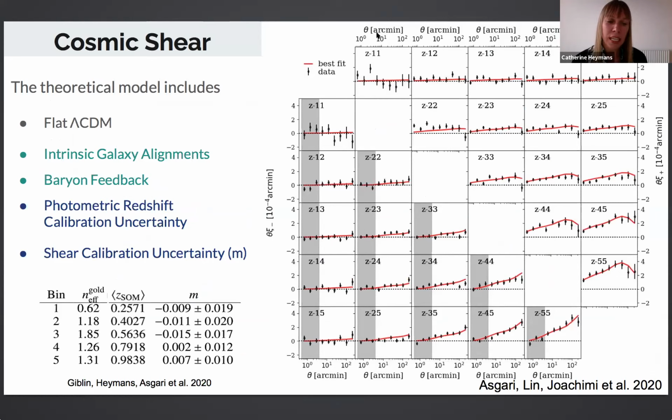So the uncertainty on our shear calibration error comes from different choices that we can make with our image simulations. We have a very detailed suite of image simulations where we emulate KiDS using real galaxies from COSMOS HST imaging. But there are choices that we can make with that image simulation.